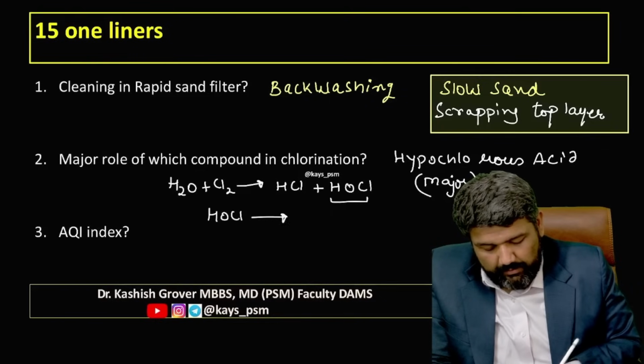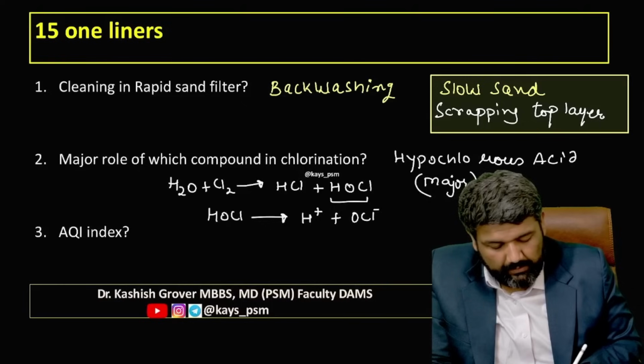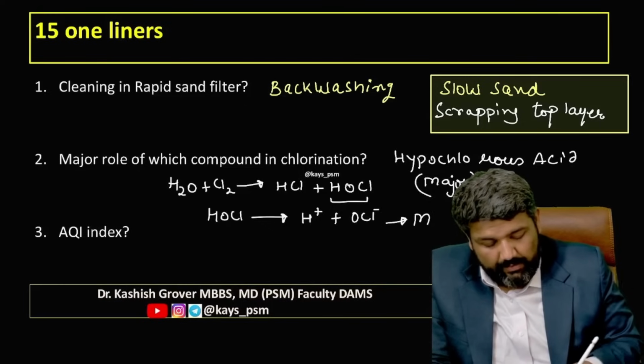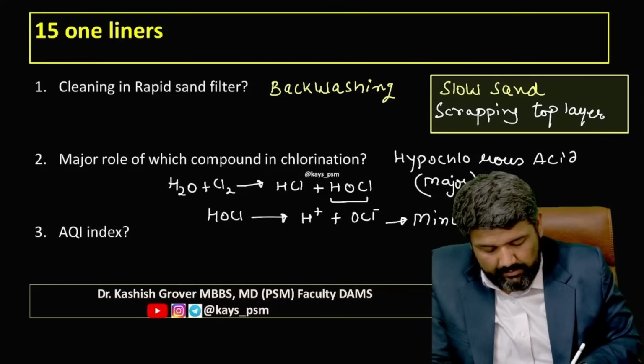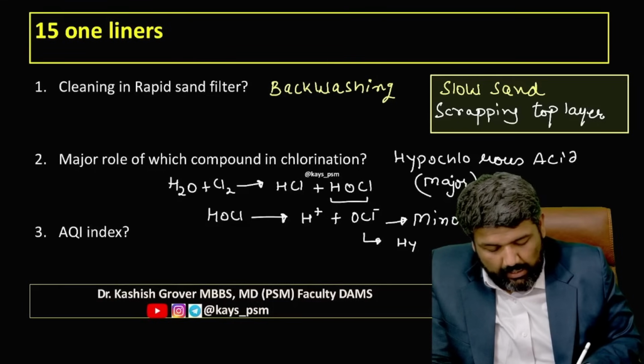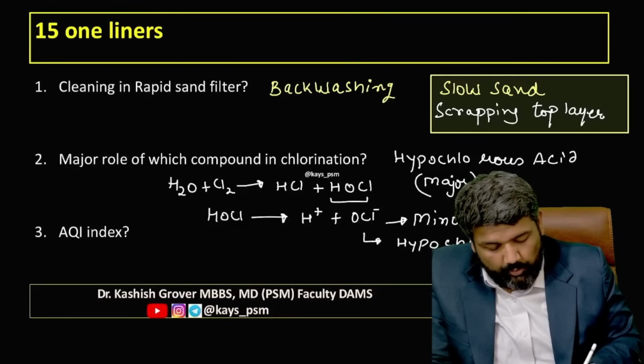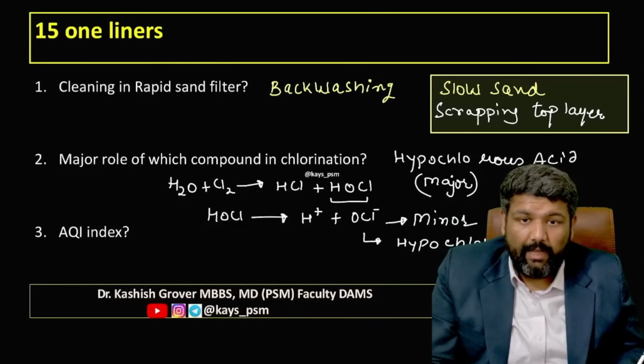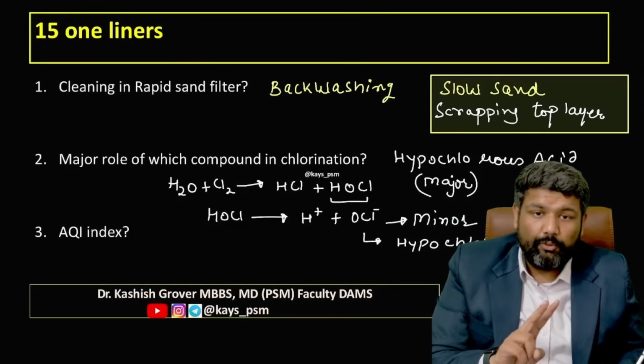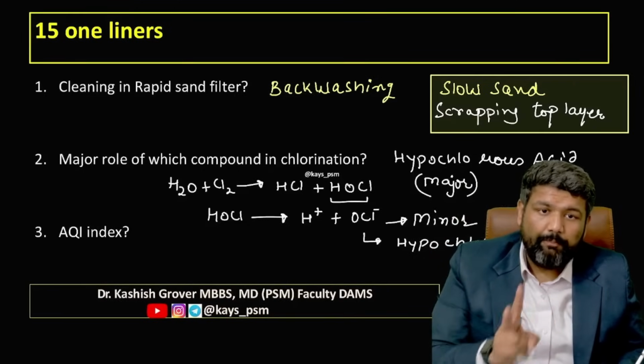HOCl is further disintegrated into H plus and OCl negative. This OCl negative has a minor role, and this is the hypochlorite ion. Major role hypochlorous acid. Minor role hypochlorite ion.